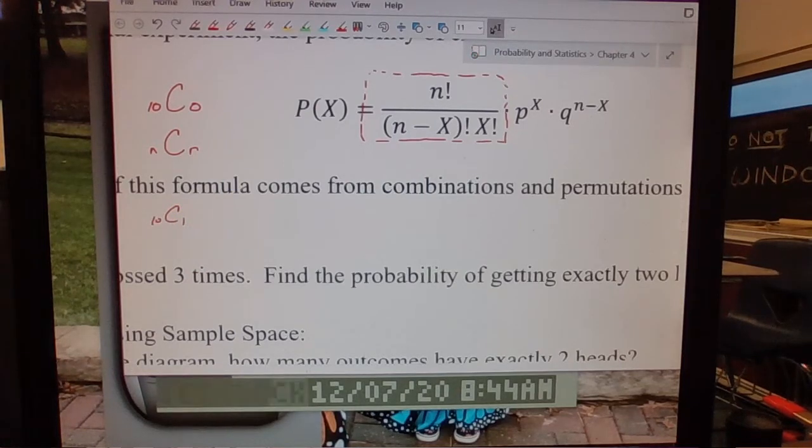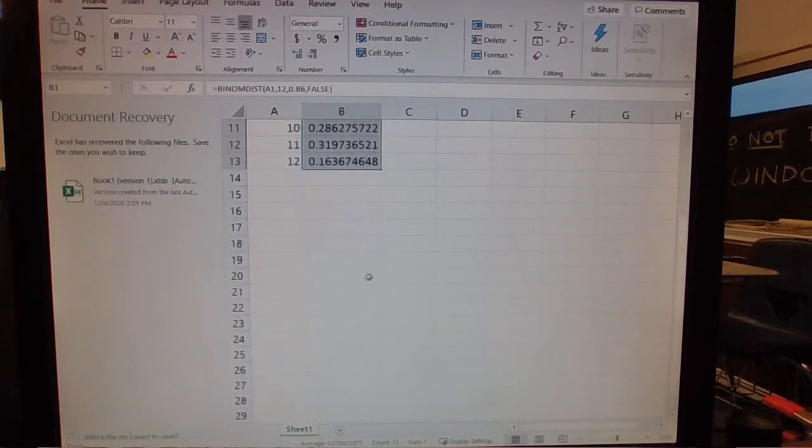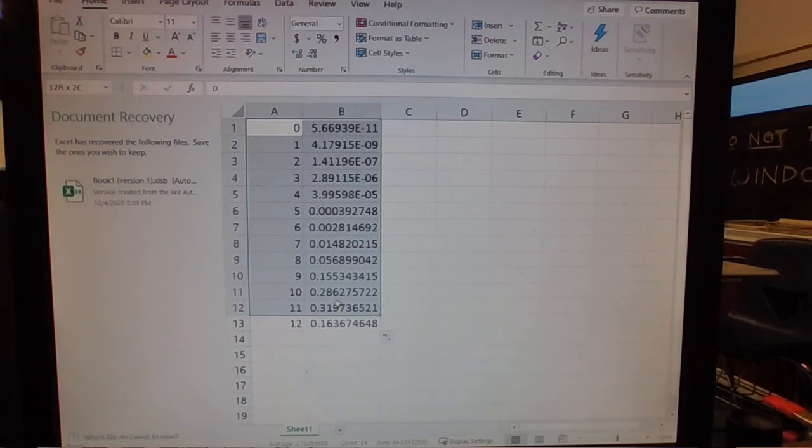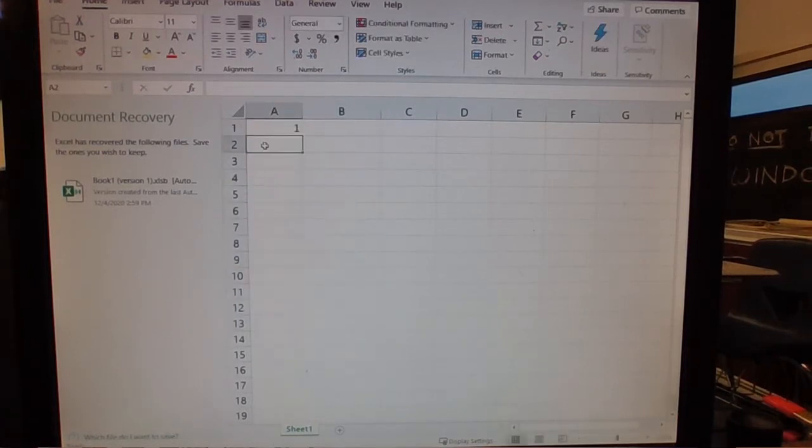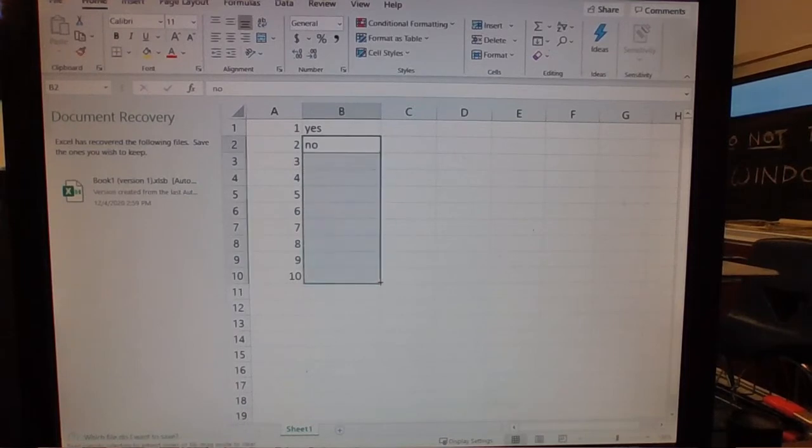So let's say these are the questions on the quiz. I could say I got this first one right, and then I got all of those wrong, right? That would be one way.